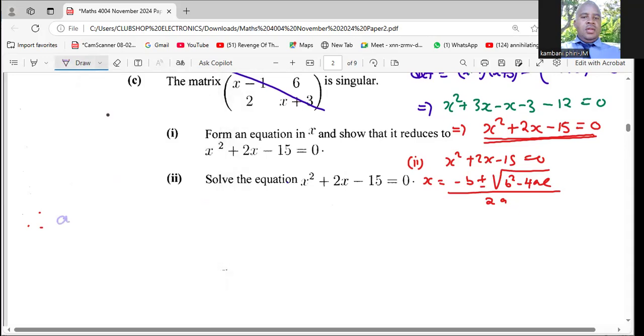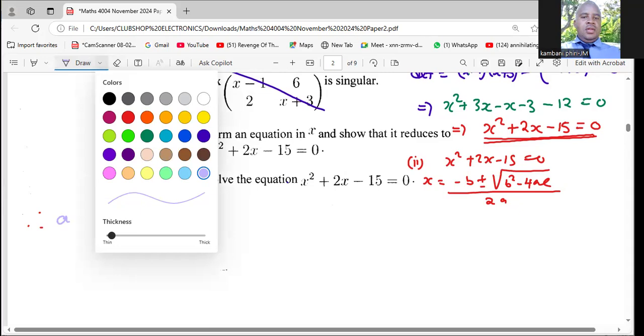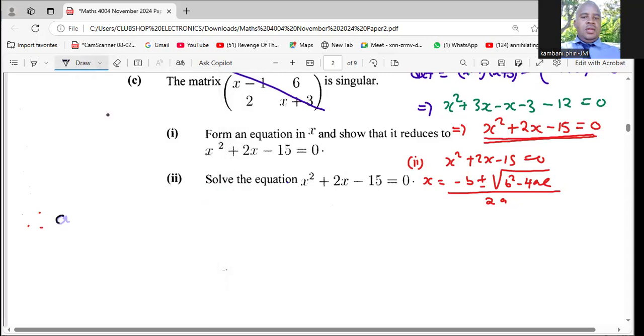So our a, let me revert to this one. Our a in this case is 1. Our b is equal to 2. And our c is negative 15. So we substitute.